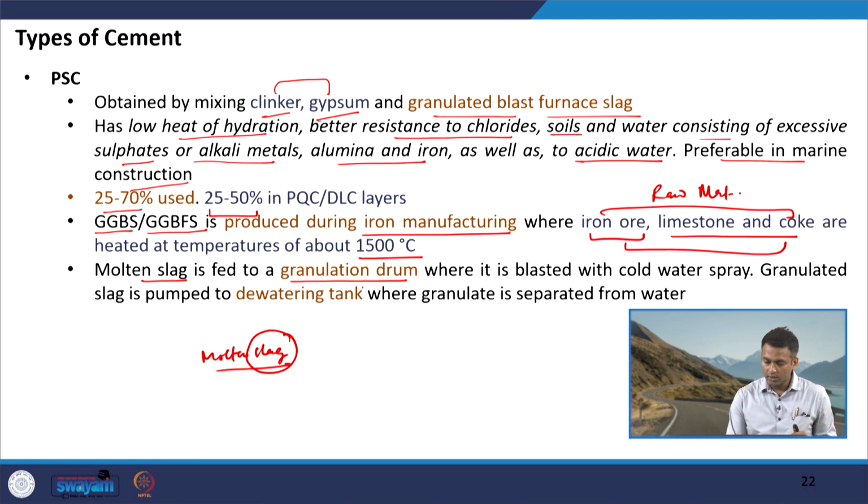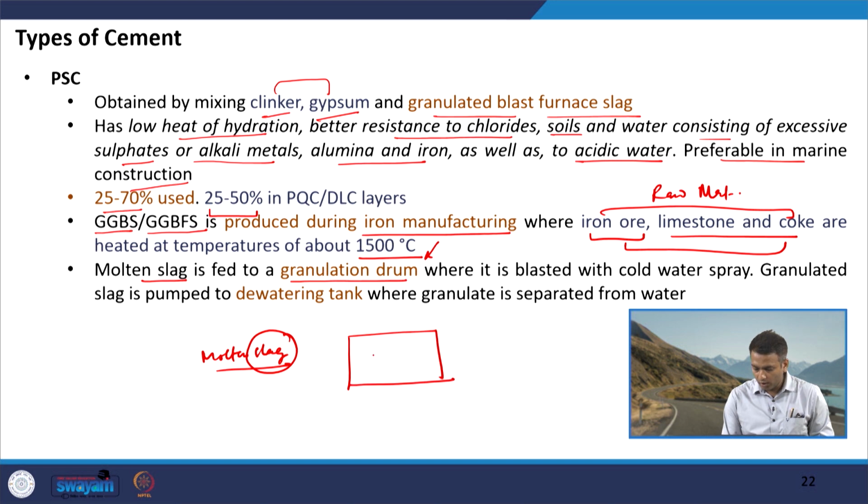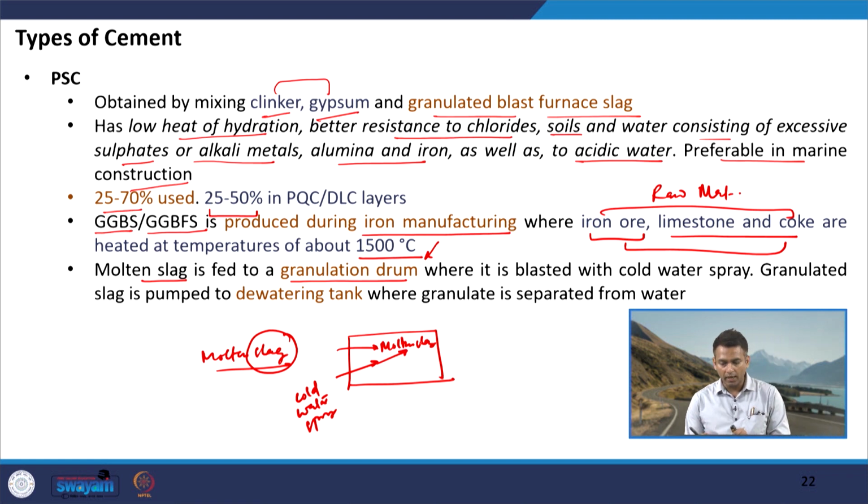So, this molten slag is sent to a granulation drum, where the molten slag comes in contact with cold water spray. Once it comes in contact with cold water spray, it breaks down into small granules.